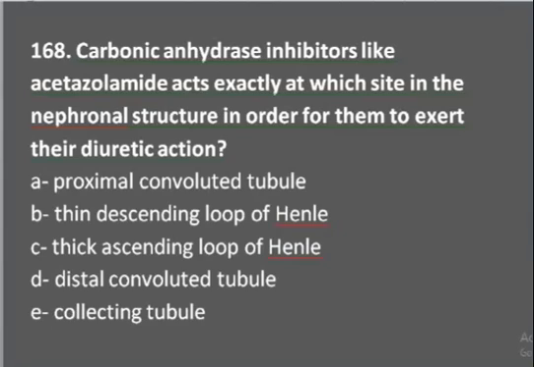The nephronal structure consists of these parts: proximal convoluted tubule, thin descending loop of Henle, thick ascending loop of Henle, distal convoluted tubule, and collecting tubule. Actually carbonic anhydrase inhibitors like acetazolamide act at the proximal convoluted tubule site of the nephronal structure and exert their pharmacological action of diuresis. So A is the correct option here.